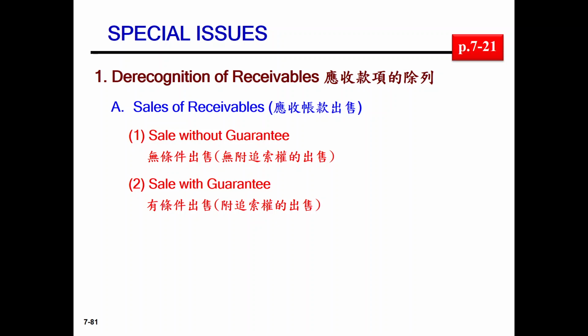Sales without guarantee means without any promise. When we sell the accounts receivable to factors, we don't offer any promise. So without guarantee means without promise. With guarantee means what? With promise.